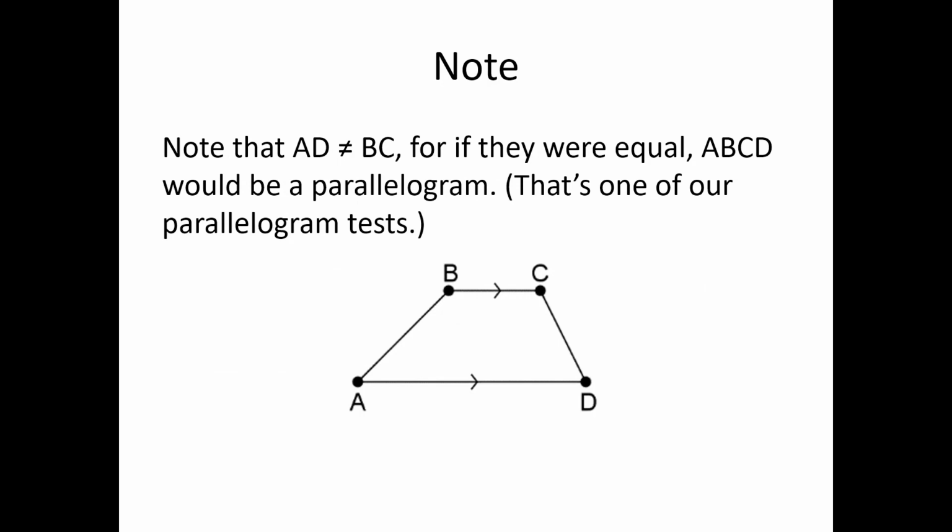So we'll assume throughout all the work that we do that the parallel sides in a trapezoid are not equal in length. And I give you permission to treat the side that appears shorter as the shorter side. One of the two sides must be shorter, and it doesn't matter which one it is.